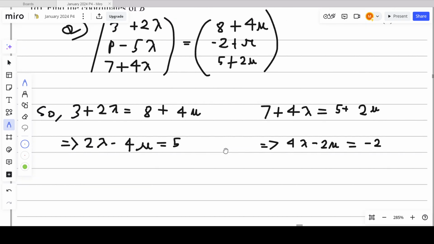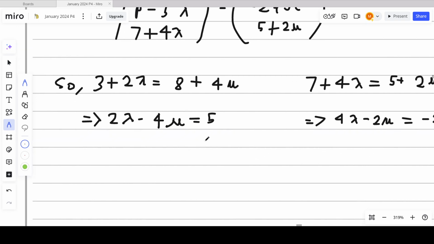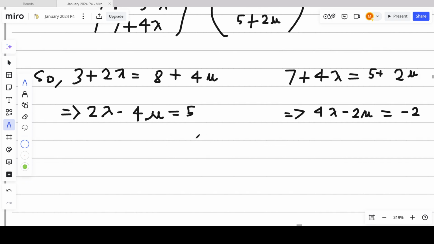Now we need to solve these two simultaneous equations. How can we solve this? Let us multiply the second equation by negative 2.